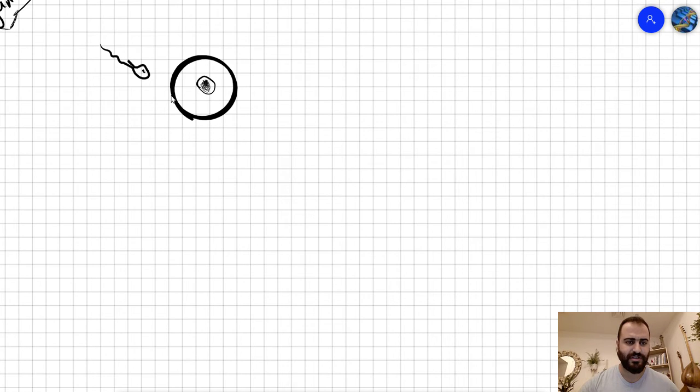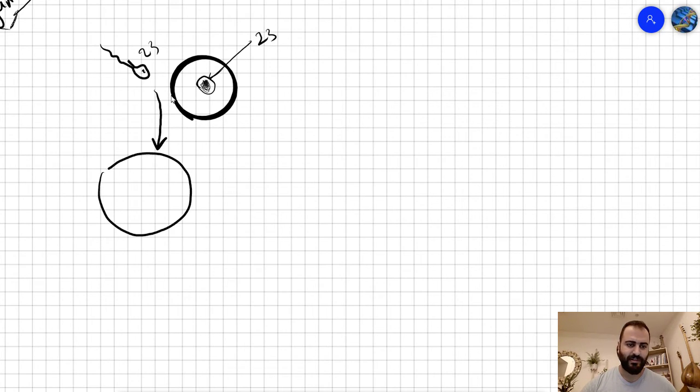During fertilization, the chromosomes that the sperm is carrying, which are 23, join with the 23 chromosomes that the egg has to form a cell that contains 46 chromosomes. And this is the first cell in human life, and we call it the fertilized egg.